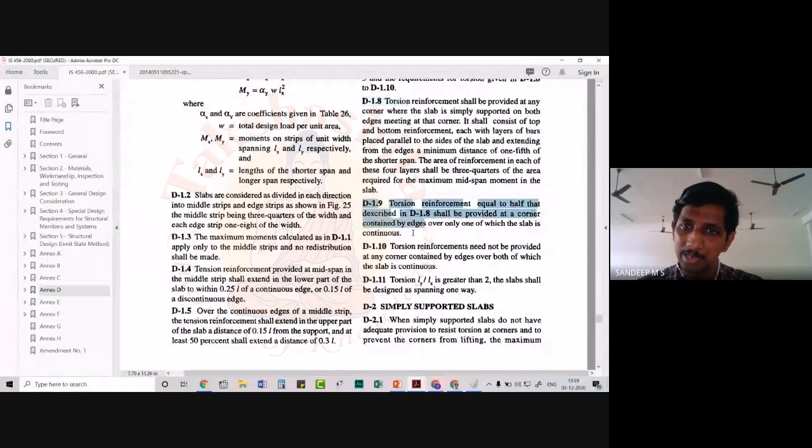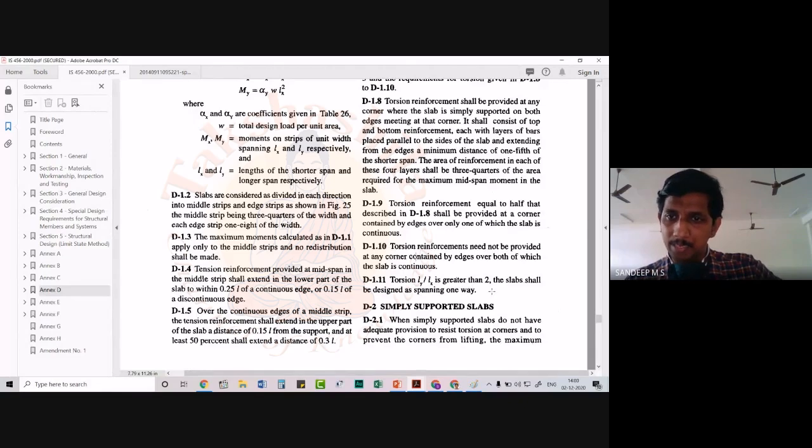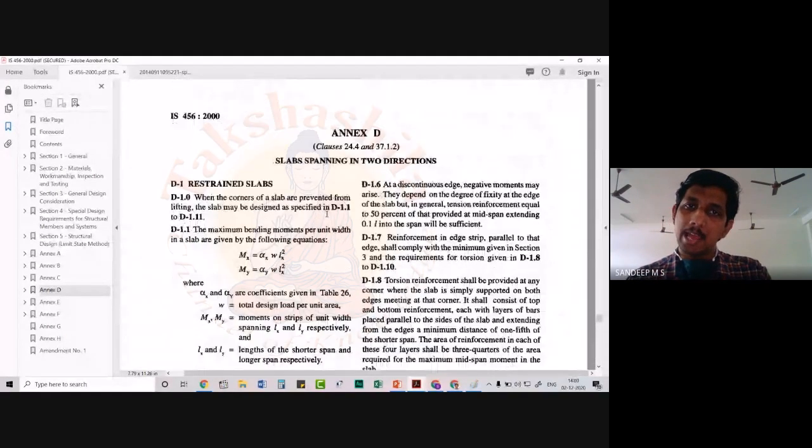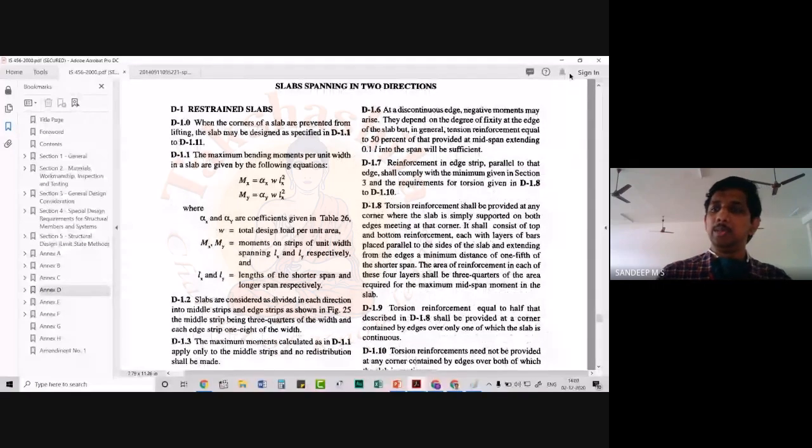So that is what is defined in D1.9, and moving on to D1.10, torsional reinforcement need not be provided at any corner contained by edges over both of which slab is continuous. And if both the sides are continuous, we need not provide any sort of torsional reinforcement. So again, Ly by Lx greater than 2 means it is again a one-way slab. So we can design it as a one-way slab. So these are the details given in your Annex D regarding the design of two-way slabs.